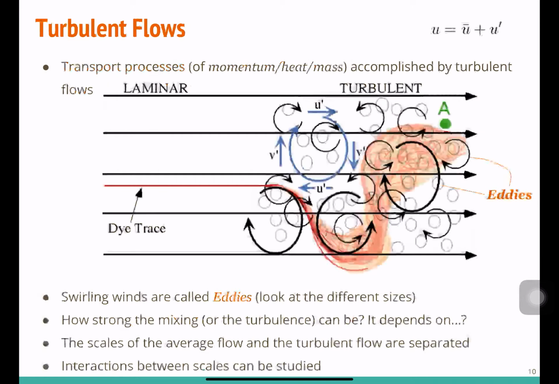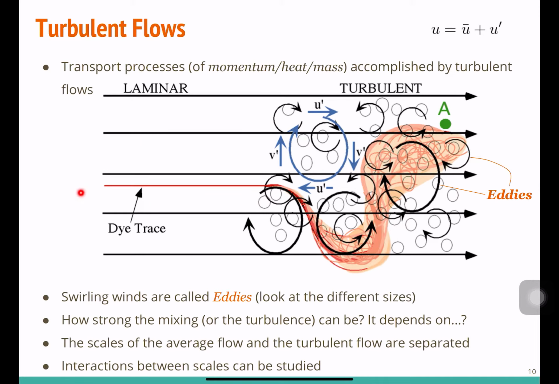Okay, so the transport of the momentum, heat, and mass is actually accomplished by the turbulent flows. So in here we have laminar flows. Laminar means there is no swirling wind or swirling fluid in the atmosphere. So the straight lines there are all the laminar flow.